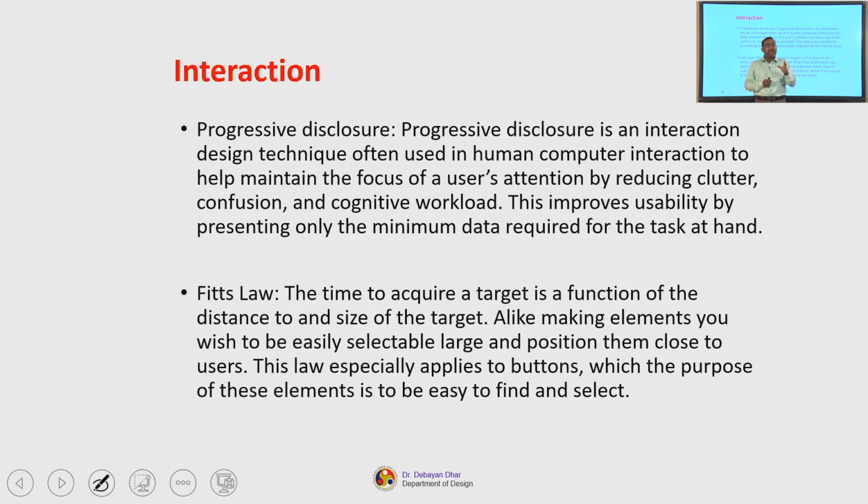So, make elements you wish to be easily selectable large and position them close to users. This law especially applies to buttons, where the purpose of these elements is to be easy to find and select. We will now see some examples of progressive disclosure and Hick's Law.